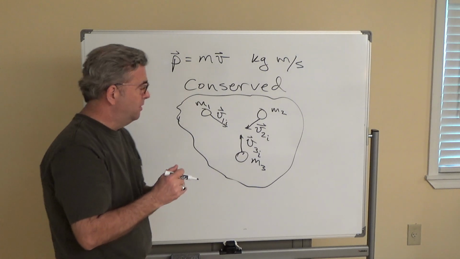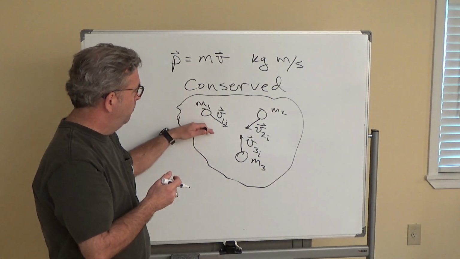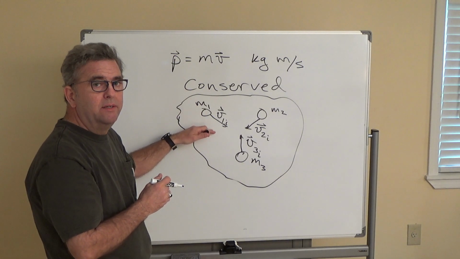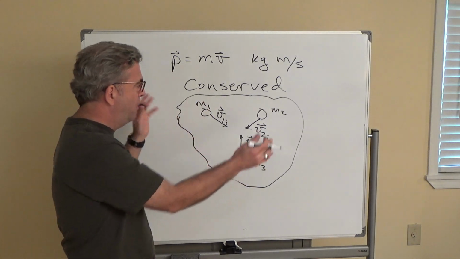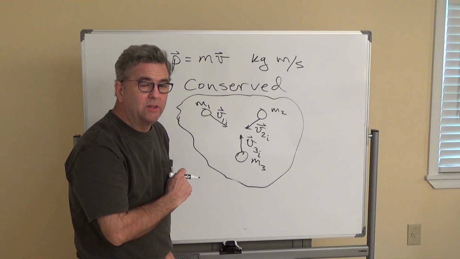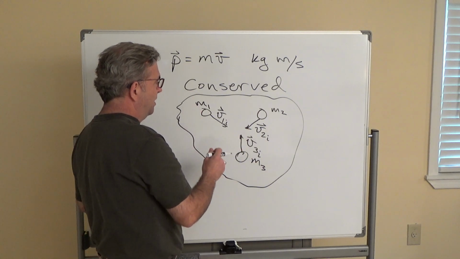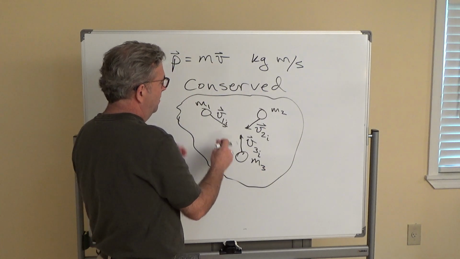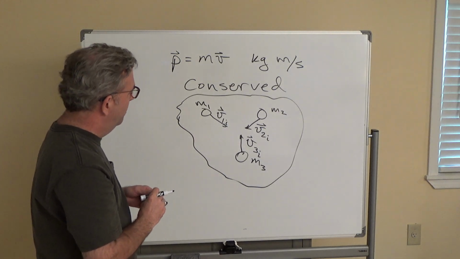If we look at the total momentum of the system in that initial snapshot and the total momentum of the system after the collision or however they interact, these are not interacting with the walls, okay? They're just interacting with themselves. I'm saying that this is the system, these three objects.